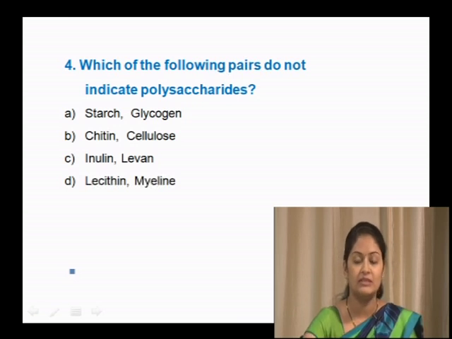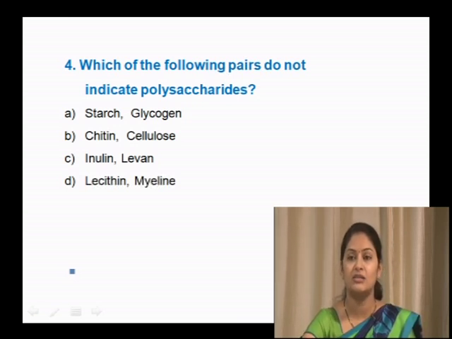So just remember, starch and glycogen are the storage polysaccharides found in plants and animals respectively. Option B, chitin and cellulose, are referred to as structural polysaccharides which build up the cell wall of a specific organism.